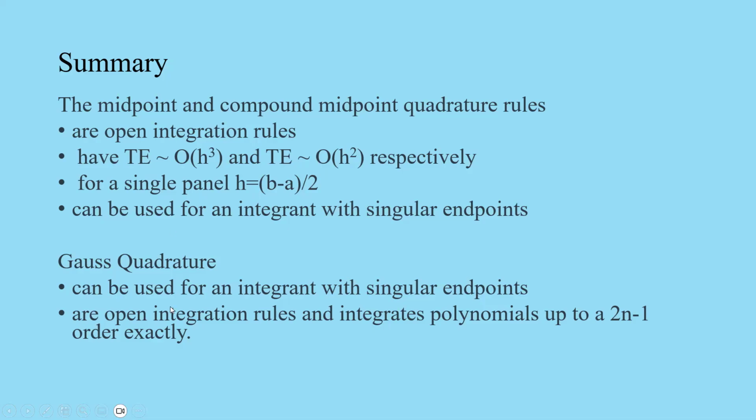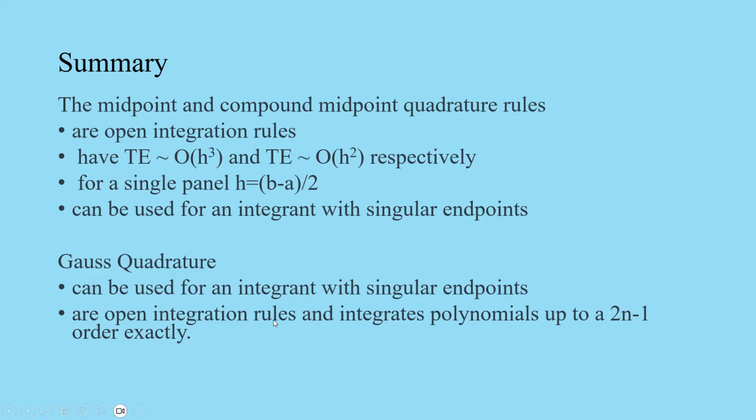And the last method is the Gauss quadratures. In this class, we just talked about the Gauss-Legendre rules, okay? And if you remember, for the Gauss-Legendre rules, we do not evaluate the function at the endpoints. For this reason, these are open rules, and we can use them for integrands with singular endpoints.